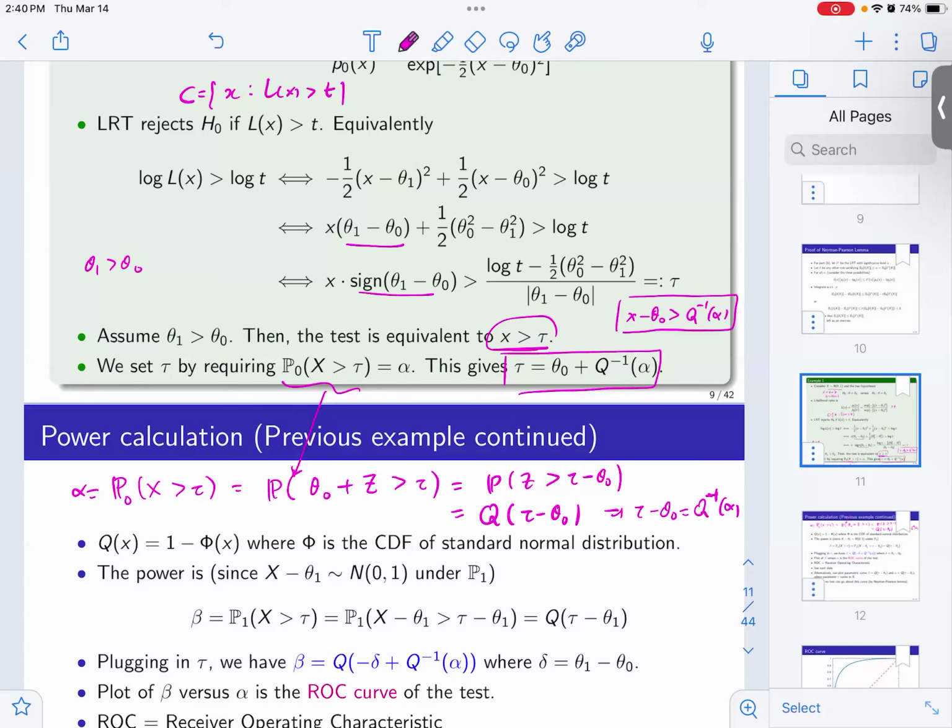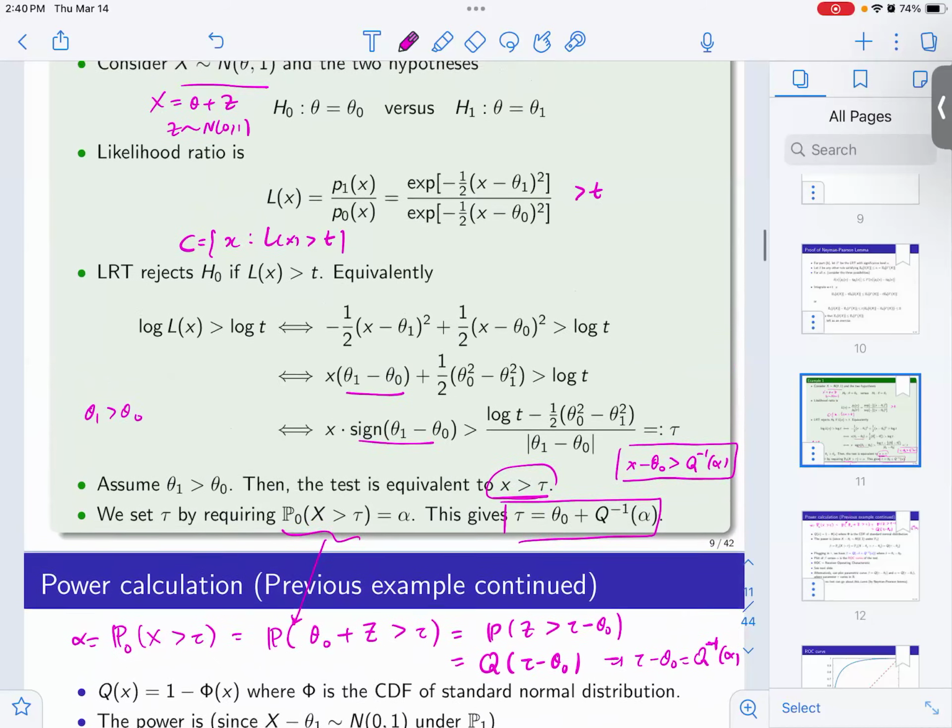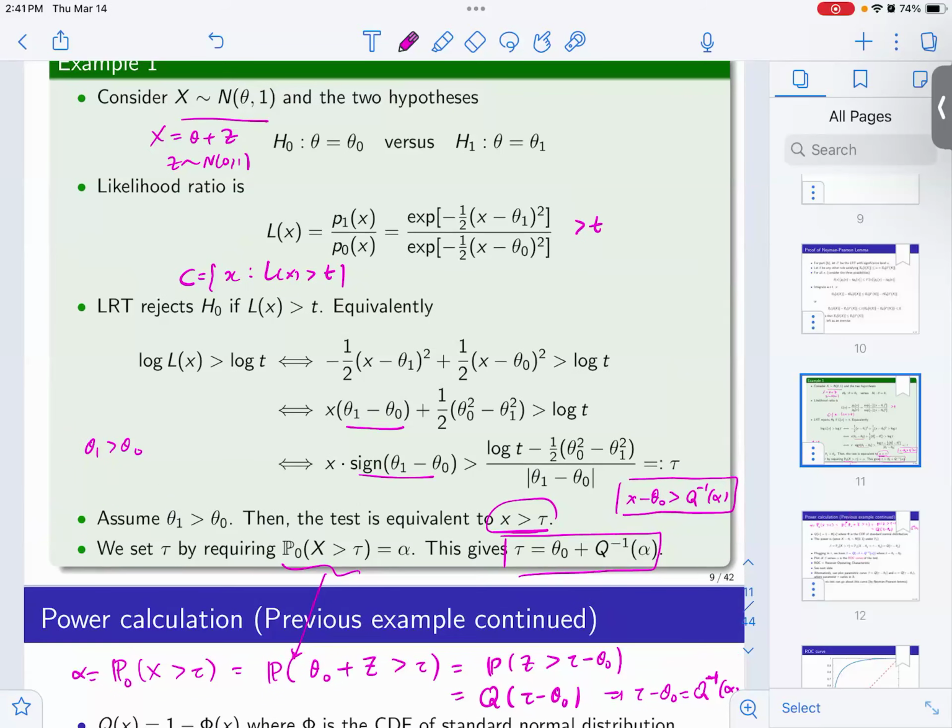So this procedure is very interesting. In particular, if you contemplate this, you realize that theta 1 doesn't matter. You can see the test is the same no matter what theta 1 is.